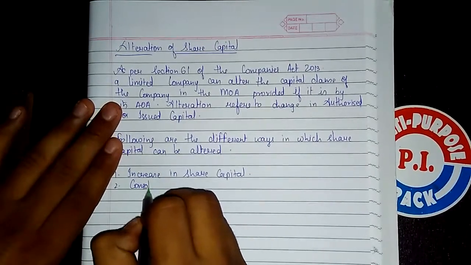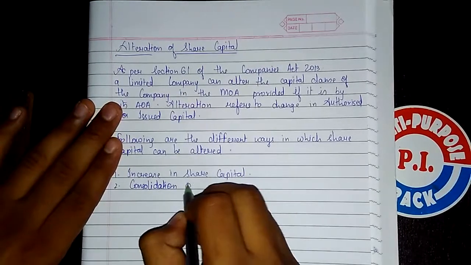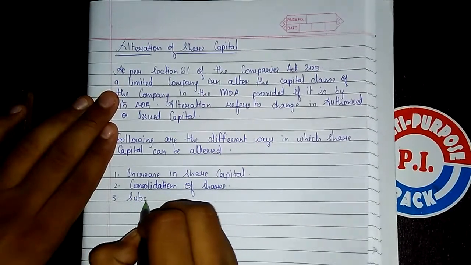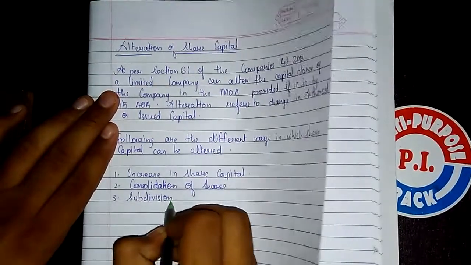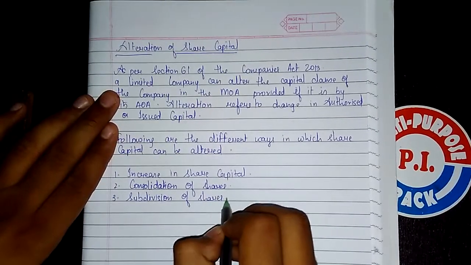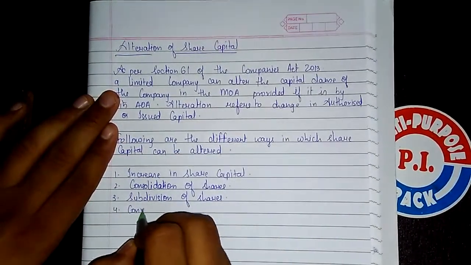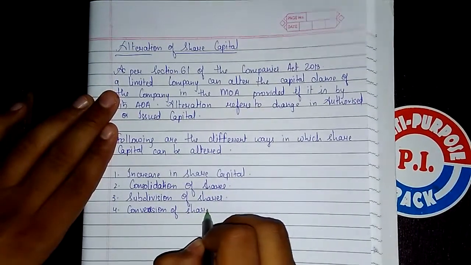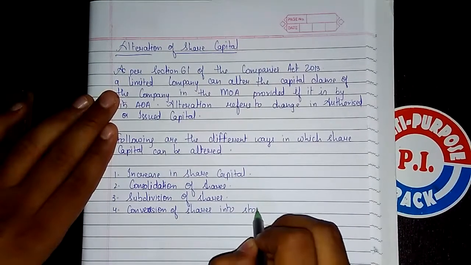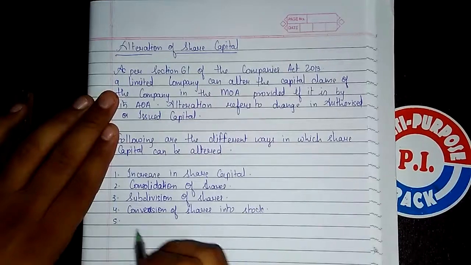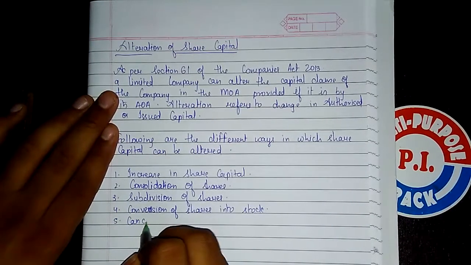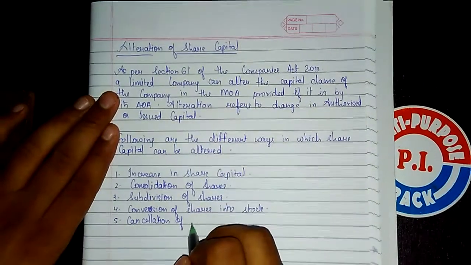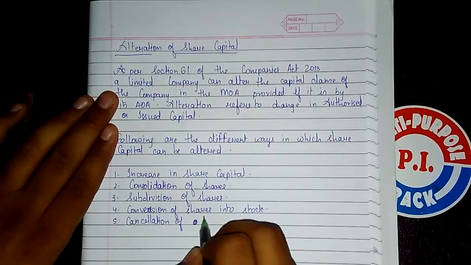Second is consolidation of shares. Third is subdivision of shares. Fourth is conversion of shares into stock. This is quite interesting. Fifth is cancellation of unissued shares.